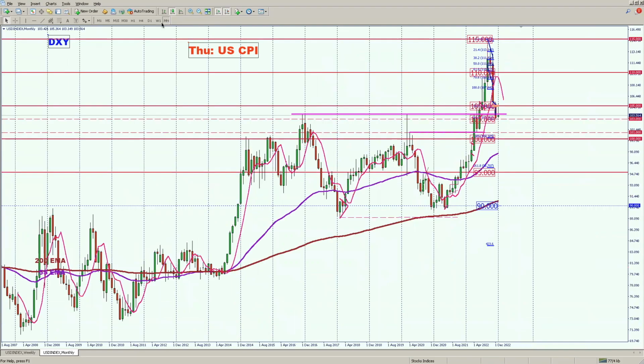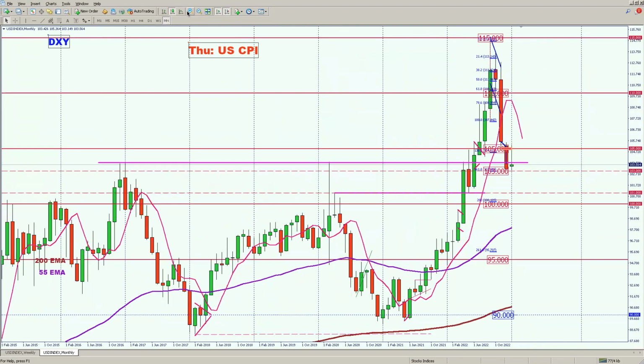Let's go to the monthly, and you will see there was a double top. That's where the trend line comes from. Double top from the start of 2017, and tested in February 2020.